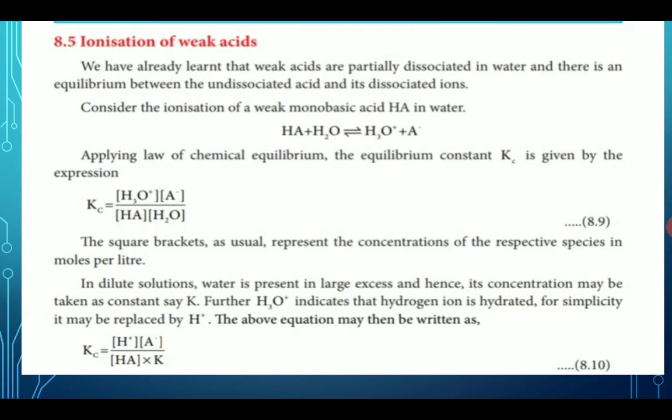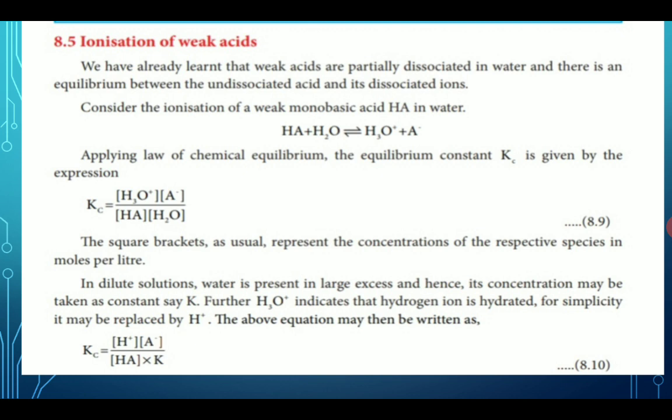Now let's go for the next, ionization of weak acids. Let us consider the weak acid as HA. Okay, see the equation, HA plus water gives H3O plus and A minus. So this is what you call ionization of weak acid. The weak acid is HA.